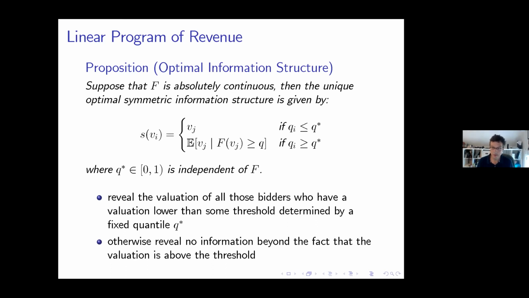And that Q star is independent of the underlying distribution of values and just depends on the number of bidders. So it's really the sampling and the level of competition that matters, not so much how the exact distribution of values in the population looks like.